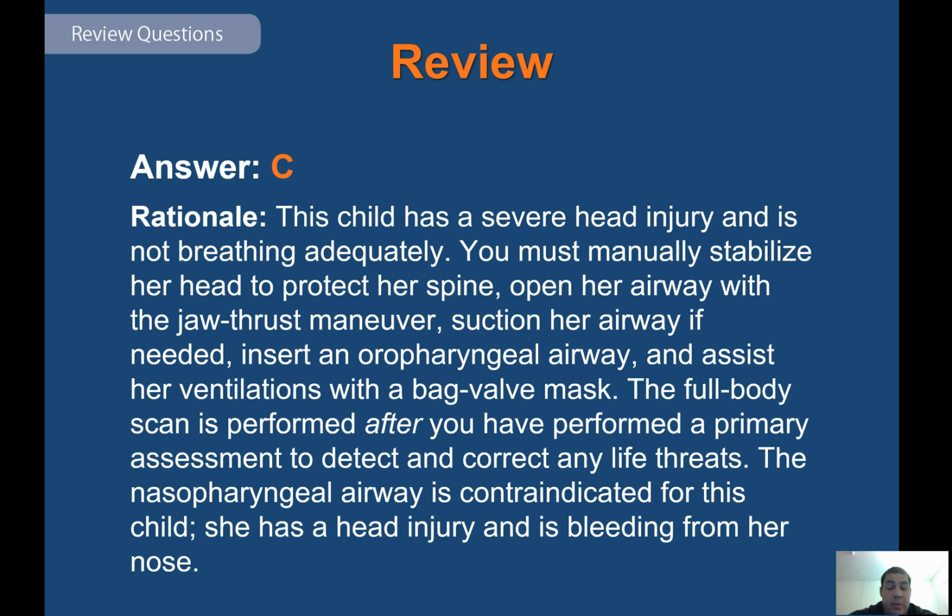You must manually stabilize her head to protect her spine, open her airway with the jaw thrust maneuver, suction her airway if needed, insert an OPA, and assist her ventilation with a bag valve mask. A full body scan is performed after you have performed a primary assessment to detect and correct any life threats. The NPA airway is contraindicated for this child. She has a head injury and is bleeding from the nose.